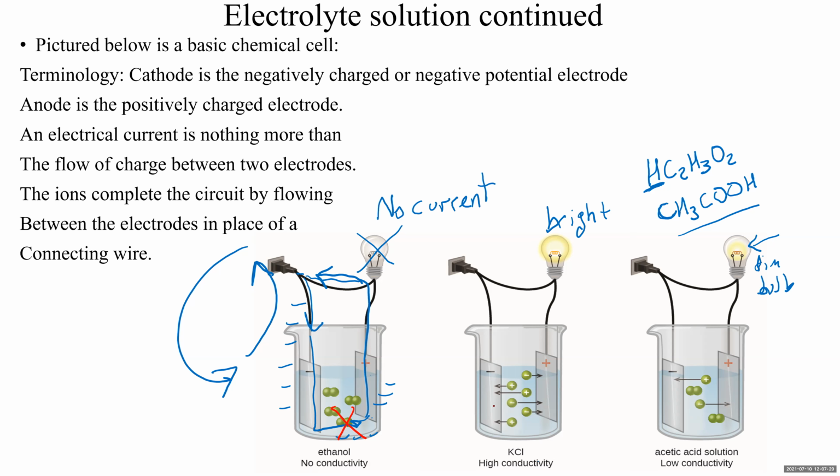It will conduct that electrical current, just like a metallic compound will, all because it has ions that are free to move back and forth between the electrodes. So that's an electrolyte solution. Soluble ionic compounds and acids are strong electrolytes. Weak acids and weakly soluble or not completely soluble ionic compounds are called weak electrolytes, and insoluble ionic compounds and molecular compounds are non-electrolytes.